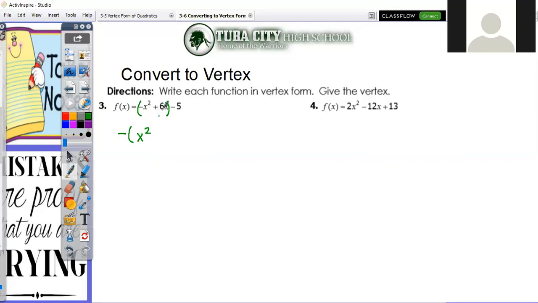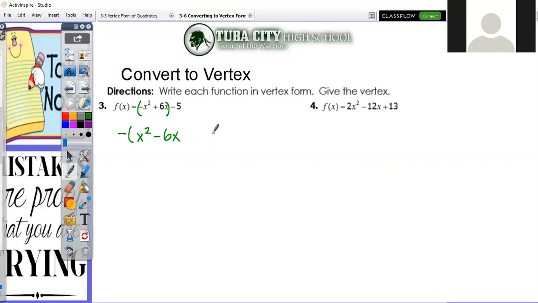So we're going to have 6 here, and it's going to be negative 6x. Because if I were to turn it back and multiply it out, negative times positive is negative, works. But negative times negative should be positive, and that also works.